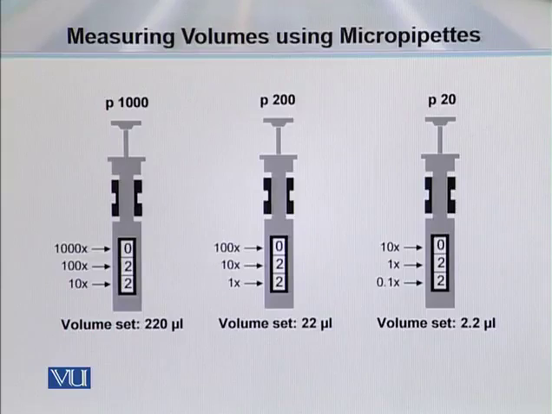Whereas in P20, we have tens, units and 1/10 of the volume which you are planning to take. In all these three micropipettes, the digital volume indicator shows 22. But this number shows different volumes which can be taken up. P1000 shows 220 microliter, P200 shows 22 microliter, and P20 shows 2.2 microliter can be taken at these adjustments.